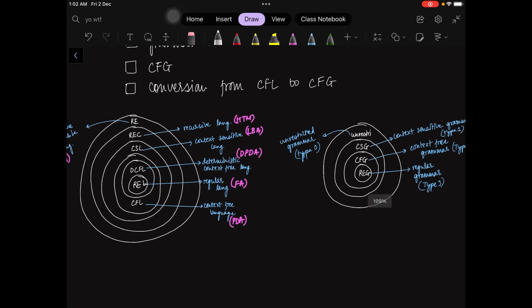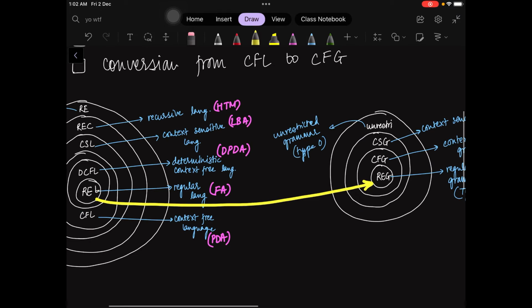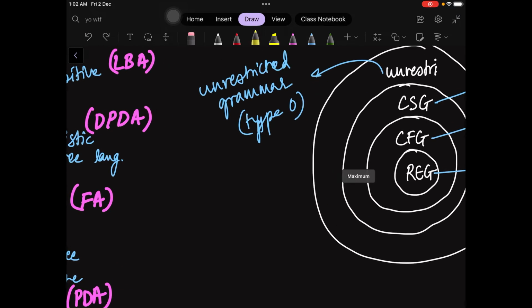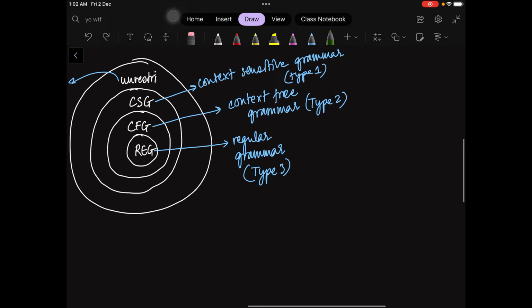Context-free grammar can accept context-free language and deterministic context-free language.